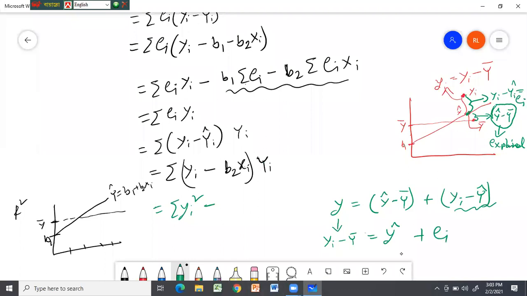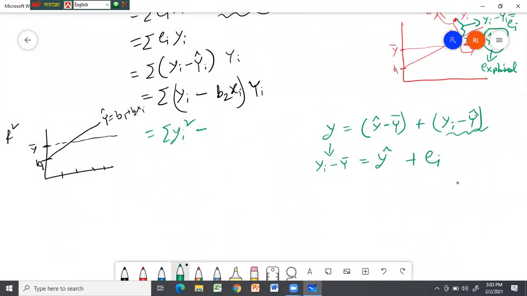After that, squaring and taking the summation on both sides, this becomes small yi square, this becomes small yi hat square, plus the ei square. This small yi hat square has been replaced with only b2 square x2 square, because this portion is known as the explained portion. This explained portion has been explained with the impact of your independent variable x2, or independent variable x.